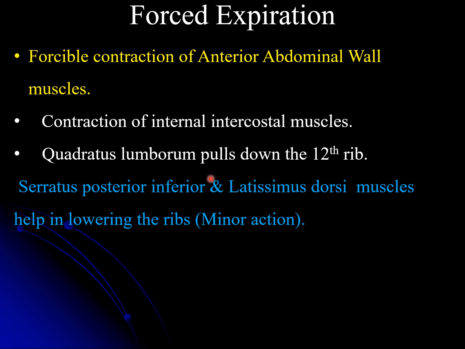Another muscle, which is related to the upper limb, is latissimus dorsi. It is a superficial muscle on the back and part of the upper limb. It also helps in lowering the ribs down. It's a minor action. This is internal intercostal, so please correct it.